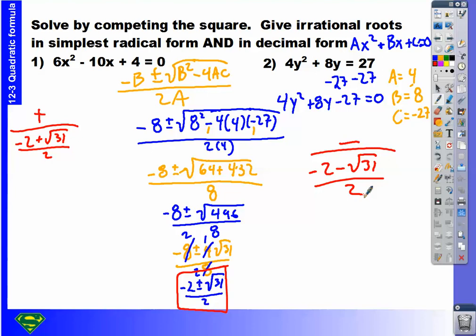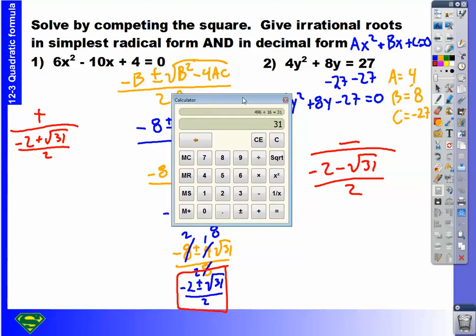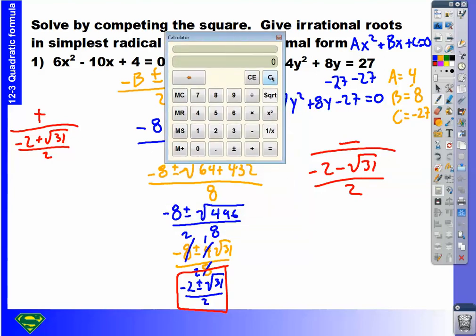And so the square root of 31, I think is like 5.67. Let's see. So 31 square root 5.56, 5.57, I'm sorry.